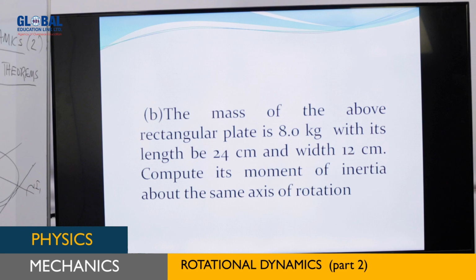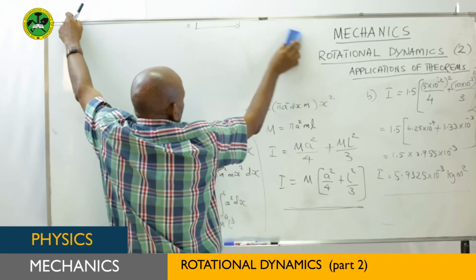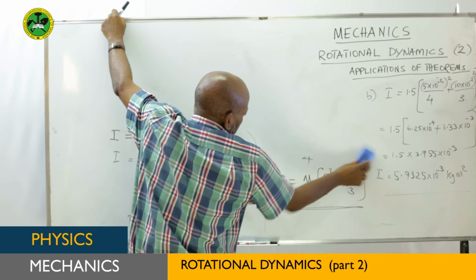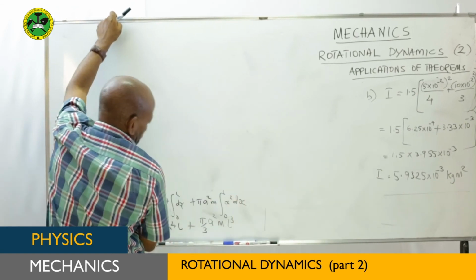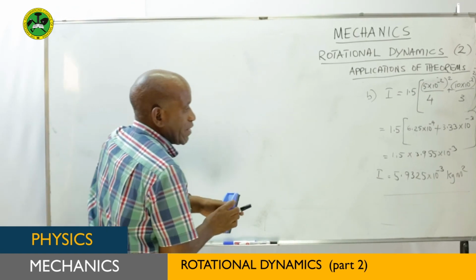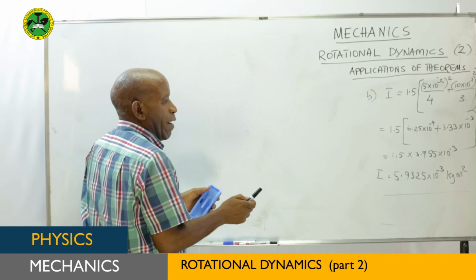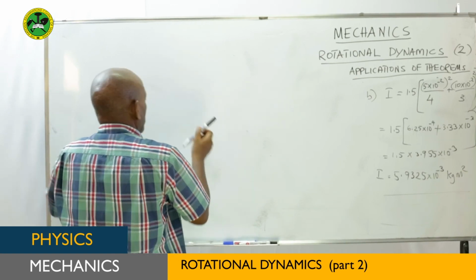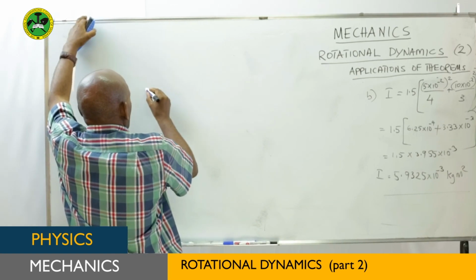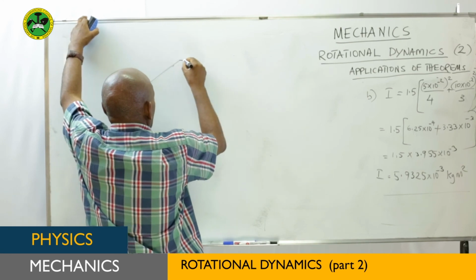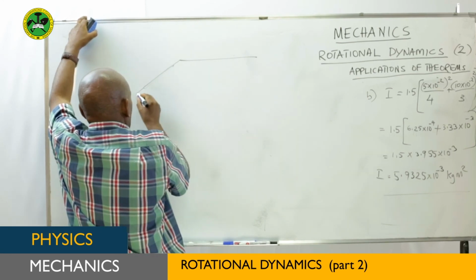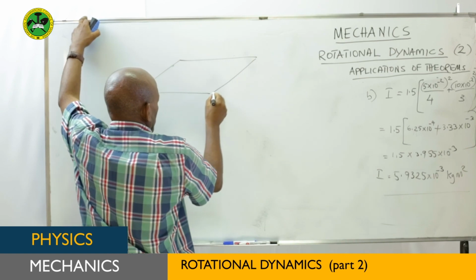So here we are given the rectangular plate. I'll give you a hint, and I hope you can do it at home. Here is the rectangular plate of mass M. If it's a rectangular plate, then it is a plate which is just like that.